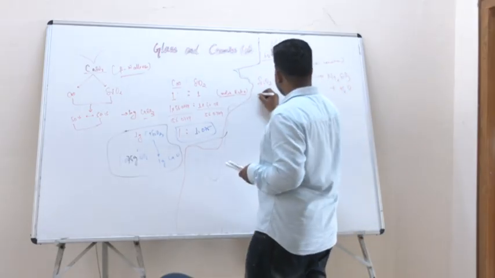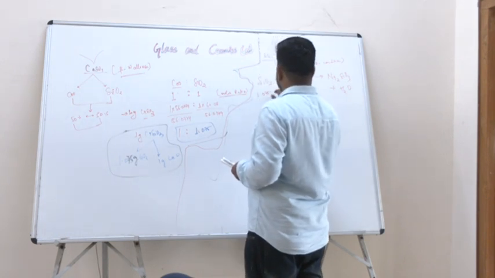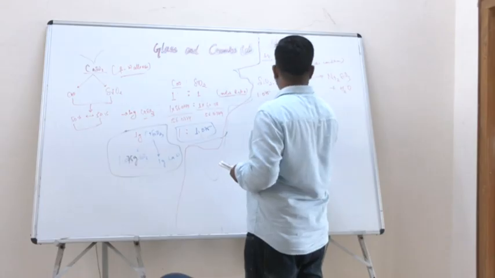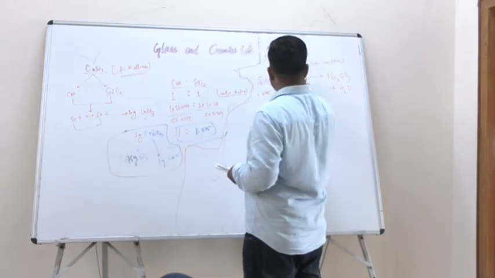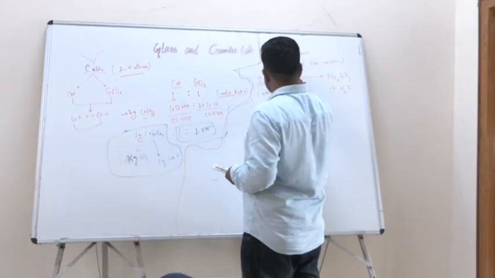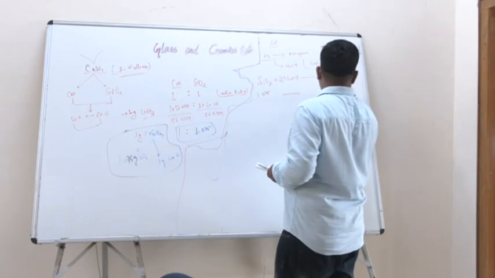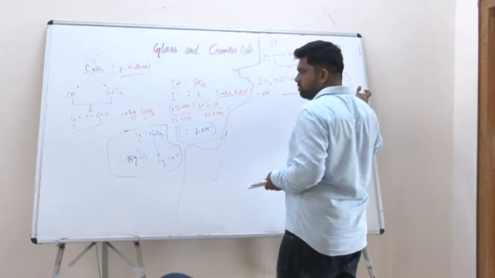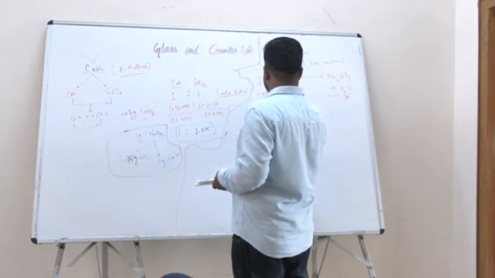Now we have silicon oxide, but we don't know how much NaOH we need to dissolve it. We need some exact amount using which we can dissolve this much. We don't know how much sodium silicate we need, but we know the molecular weights.